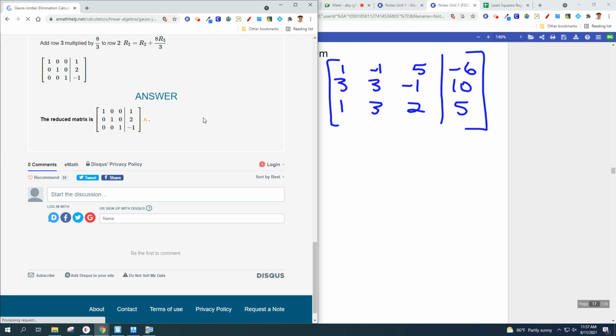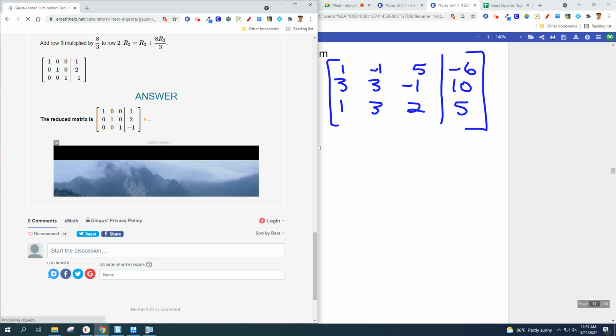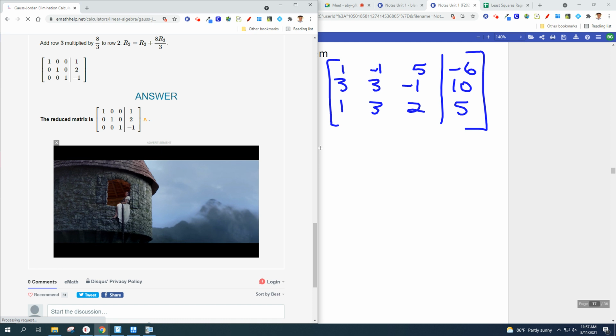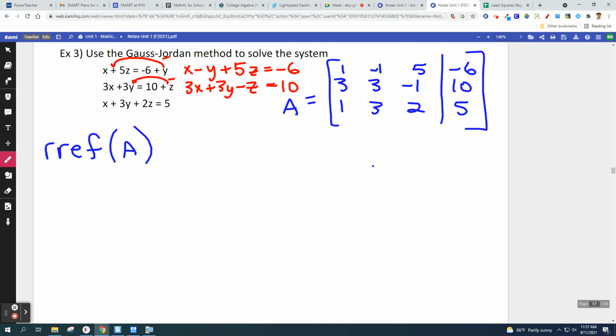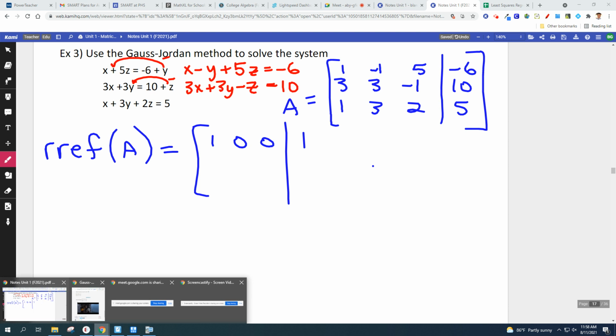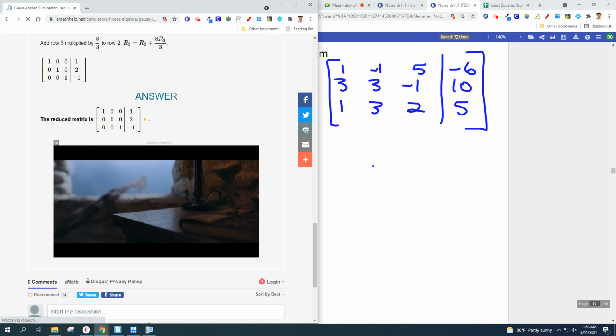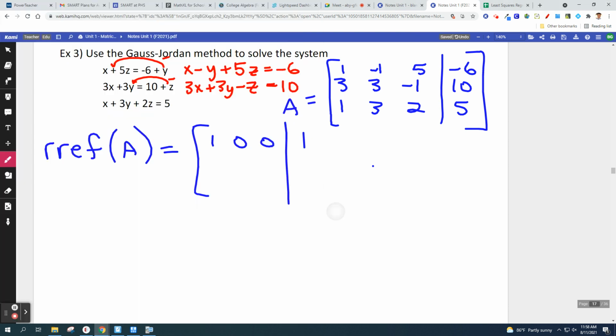But whatever, long story short, you scroll down and there's your reduced row echelon form. So we can write, okay, that's your answer. 1, 0, 0, 1. And then it was 0, 1, 0, 2.